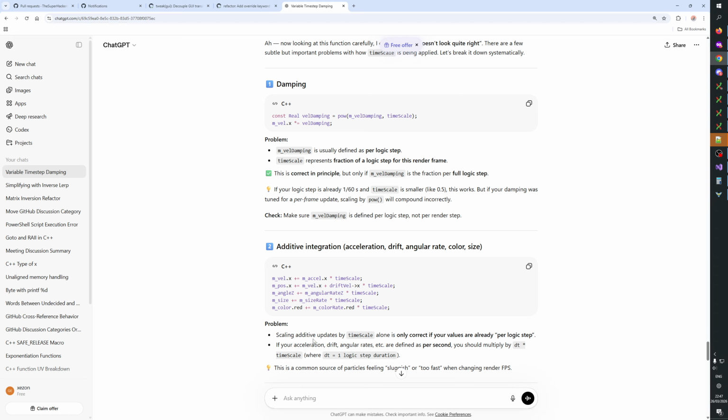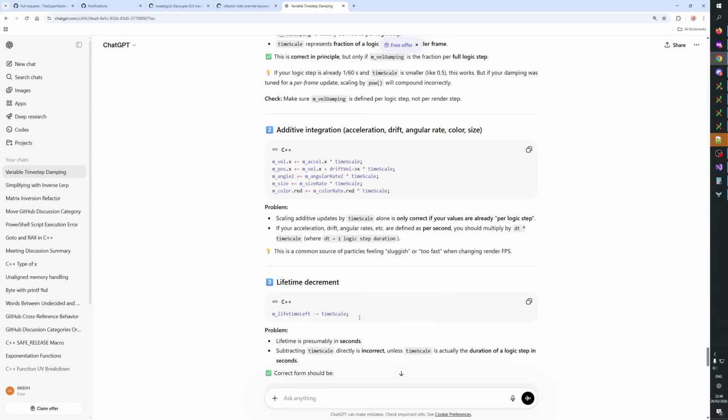Scaling additive updates with time scale alone is only correct if your values are already per logic step. They are. If your acceleration, drift, angular rates are defined as per second, you should multiply by dt. They are not. This is a common source of particles feeling sluggish.